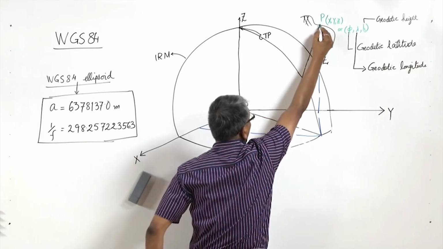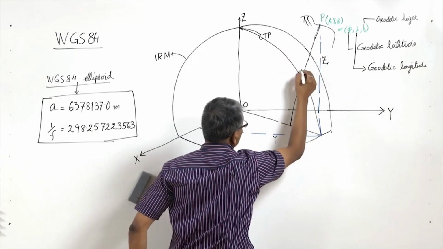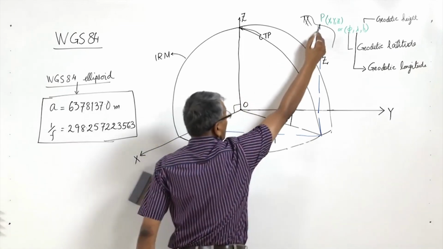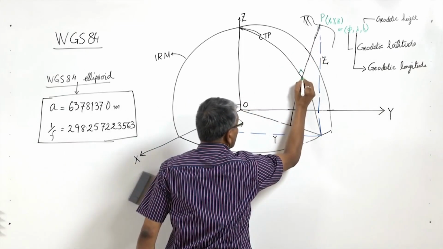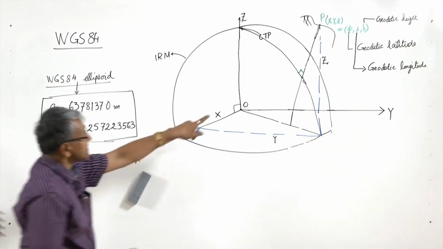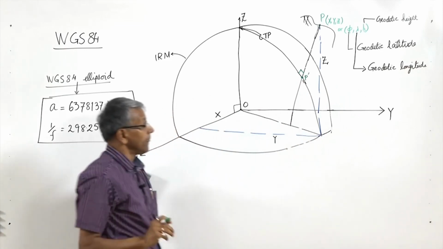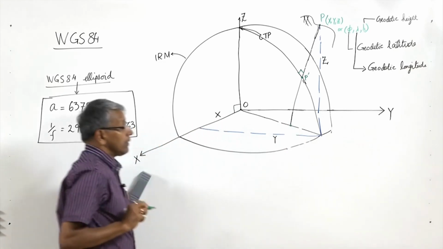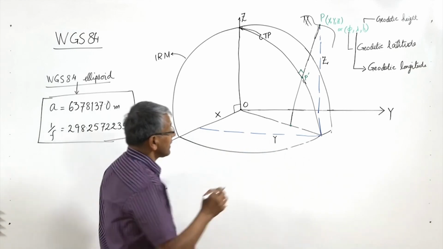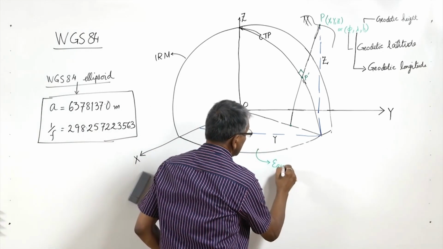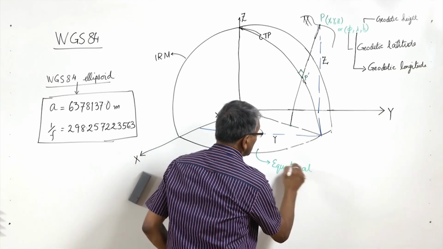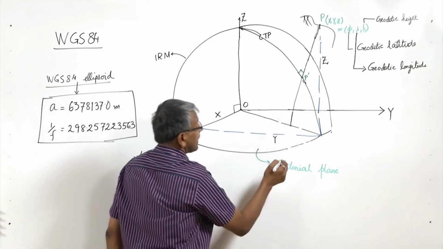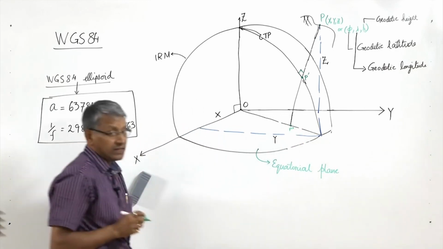If we draw a normal perpendicular to the ellipsoidal surface, it will intersect the ellipsoidal surface at this point P dash, and it will intersect the equatorial plane.